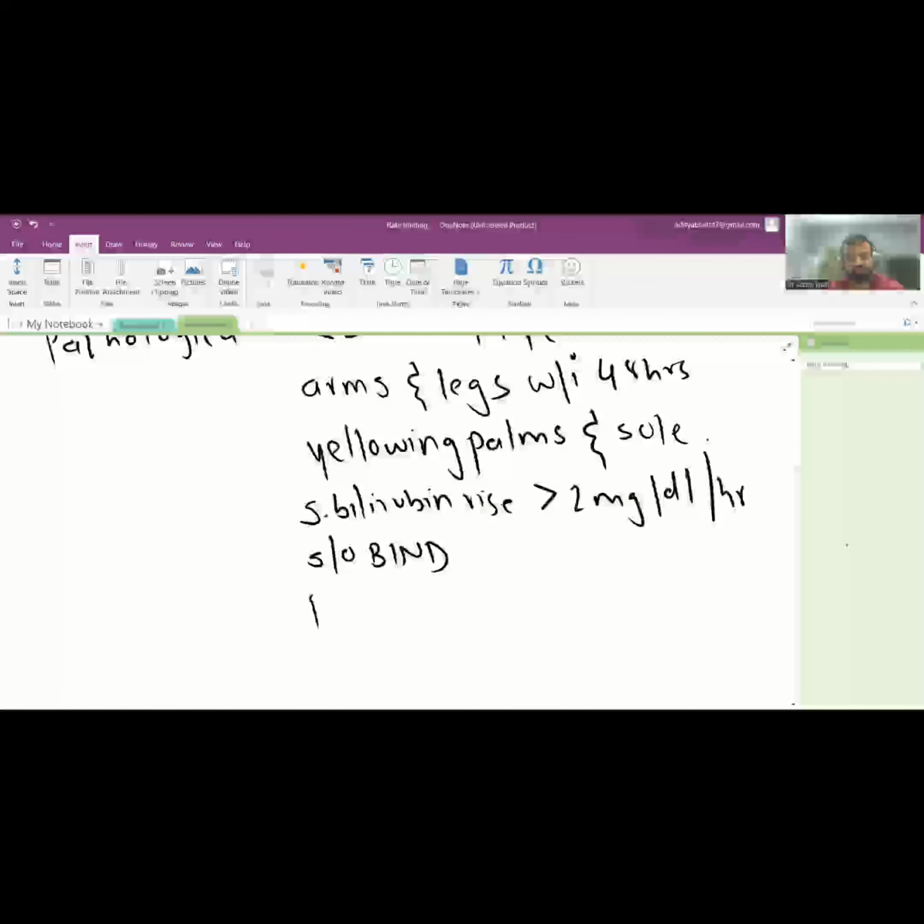Or if the Bhutani charts, the age-related charts we use, where the values of bilirubin are plotted against the day of life or hours of life, show a crossing, there are two lines in the Bhutani chart.